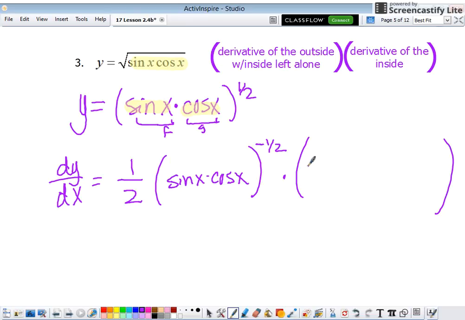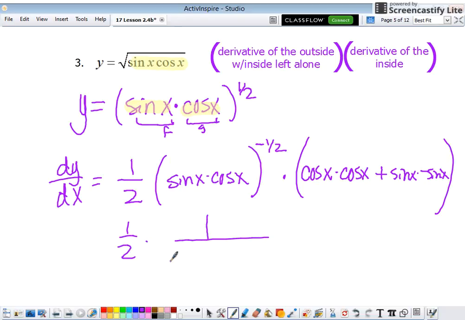I'm going to take the derivative of the first, which is cosine, times the second, which is cosine, plus the first, which is sine, times the derivative of the second, which is negative sine. Okay, now they might simplify this and make this 1/2, 1 over the square root of sine cosine, and then maybe make this cosine squared minus sine squared.